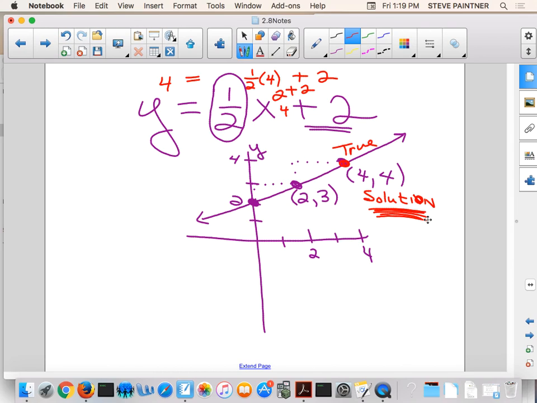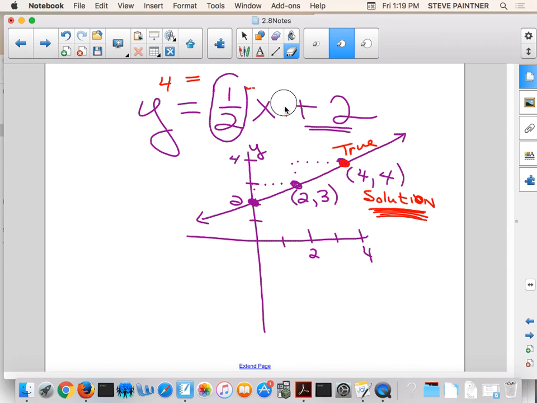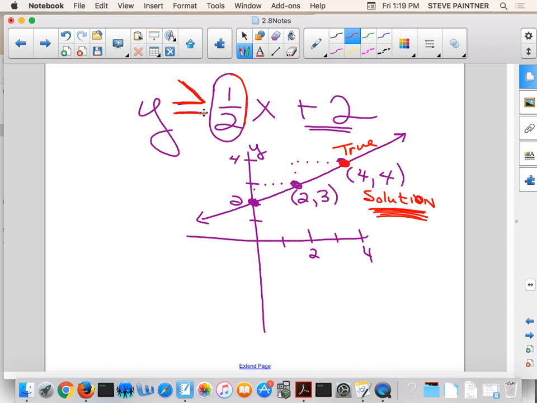But here's what's going to happen today. Today you're going to get 1/2 x plus 2, and then we'll throw this symbol at you. Greater than or equal to 1/2 x plus 2. What's the difference? There's no solution?